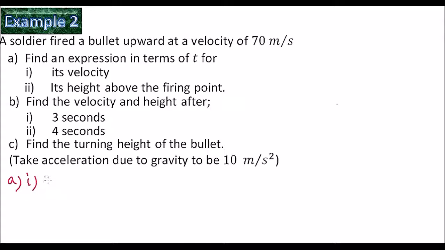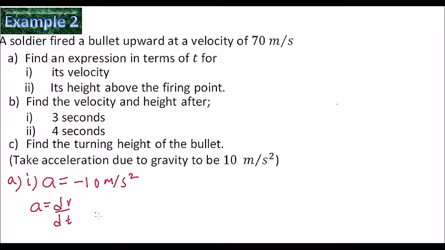So we know that since the bullet is moving against the gravitational force or acceleration, then we can say acceleration of the bullet is minus 10 meters per second squared. So we also know that acceleration is change in velocity with respect to time.